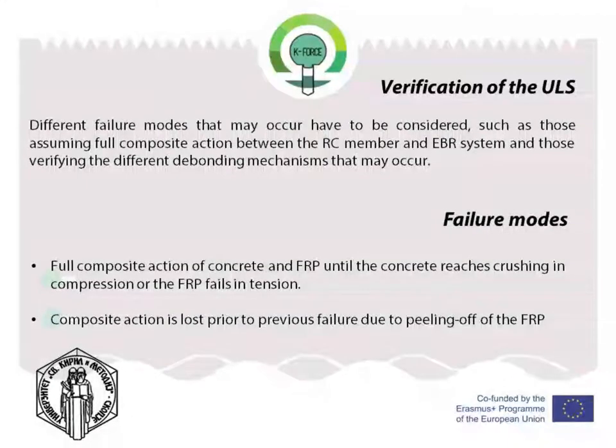Those where full composite action of concrete and FRP is maintained until the concrete crushes in compression or the FRP fails in tension. And those where composite action is lost prior to the previous failure mode due to the peeling off of the FRP.